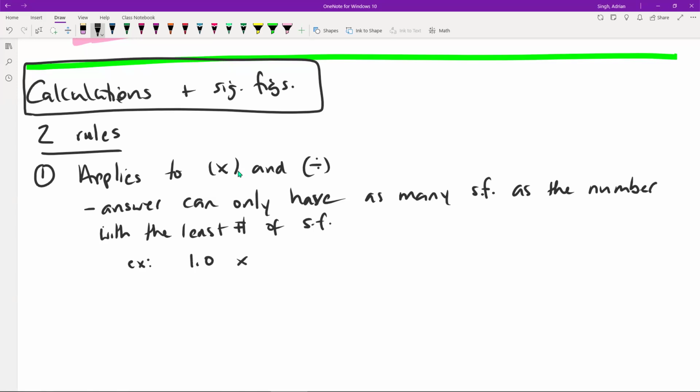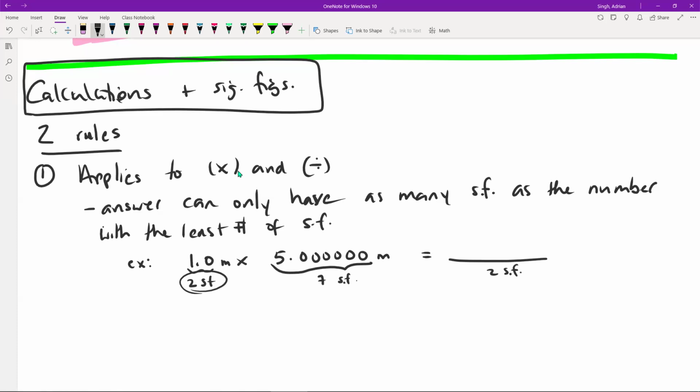So for example, if I have 1.0 and I multiply that by 5.0000000, and let's just put in some units here so we keep track of that. Well, this number here has 2 sig figs. This number here has 1, 2, 3, 4, 5, 6, 7 significant figures. So according to this rule, whatever answer I get can only have 2 significant figures because that's the number with the least number of sig figs.